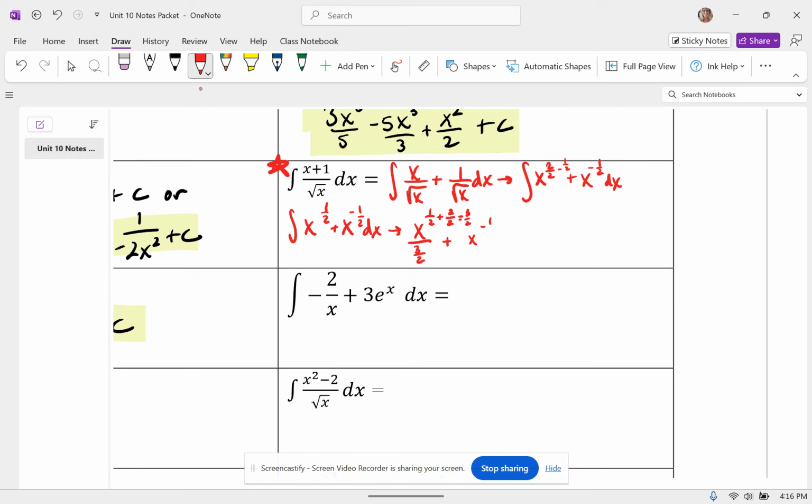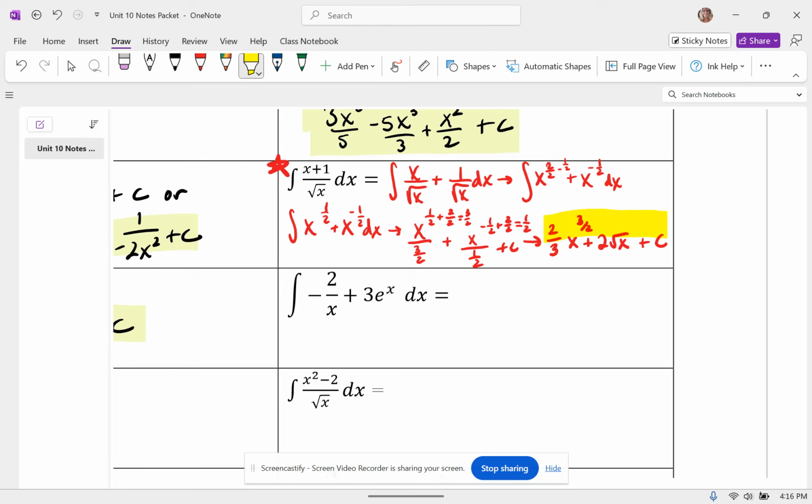Plus x to the negative 1/2, I add 2 over 2 equals 1/2, and I now divide by the new exponent, plus c. Now I'm going to just clean it up. I have 2/3 x to the 3 over 2 plus, division by a fraction is the same thing as multiplication by its reciprocal, so I'd have 2 square root of x plus c.